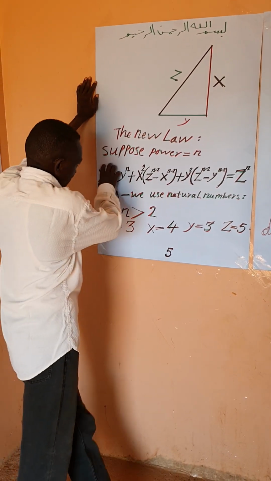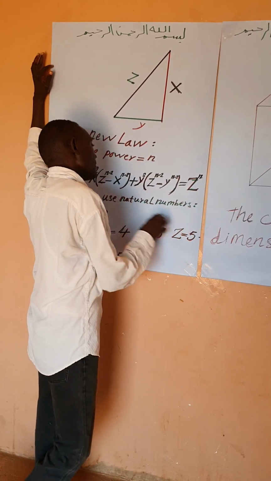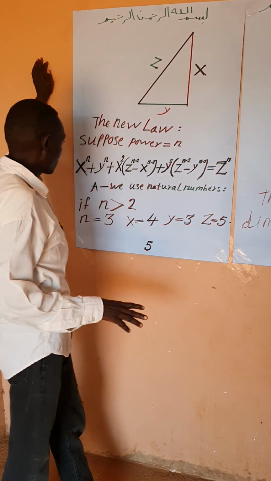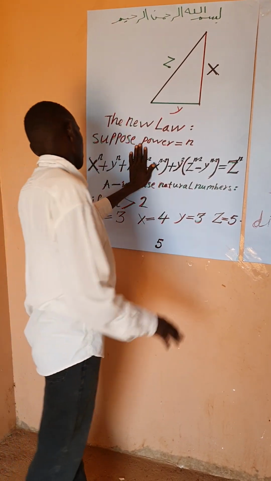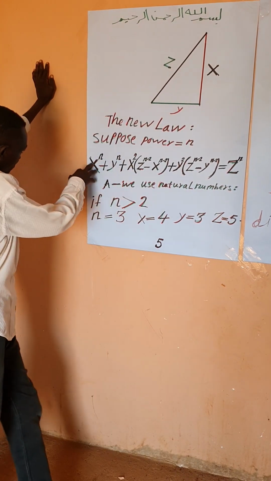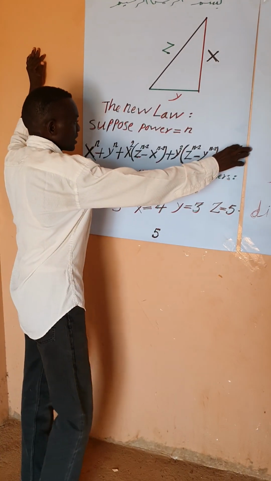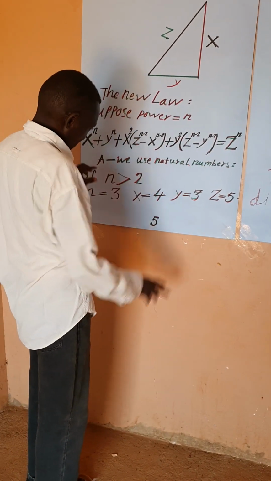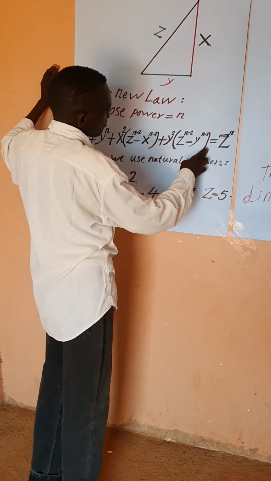This law is different from the Pythagoras theorem. Why is it different? Because the Pythagoras theorem only contains x to the n plus y to the n equals z to the n, and this addition is not contained in the Pythagoras theorem.